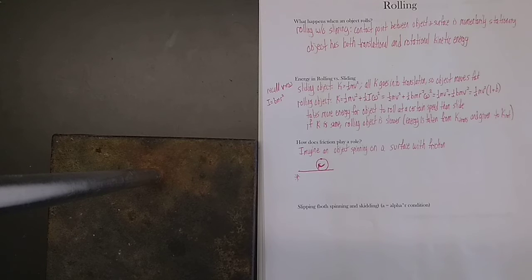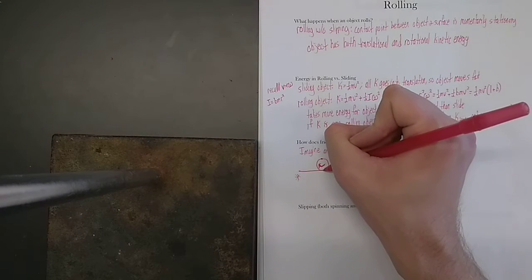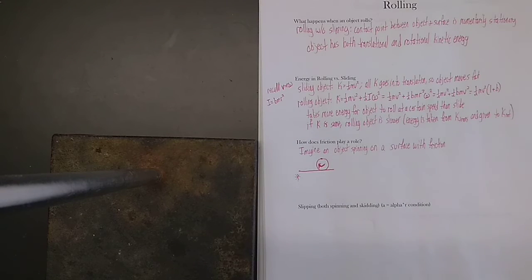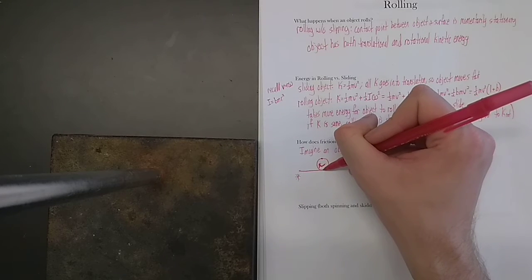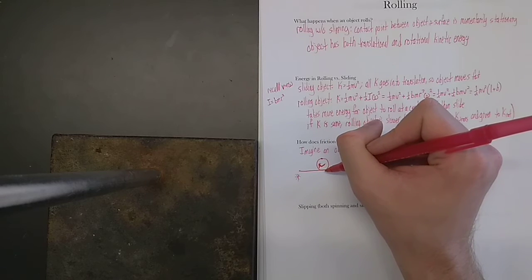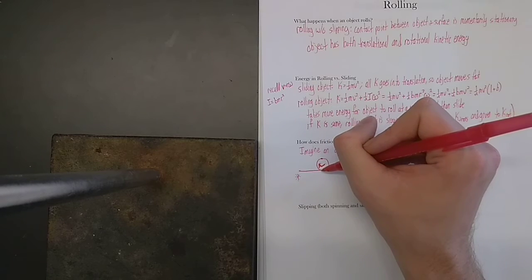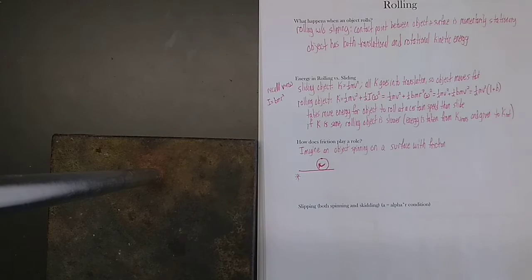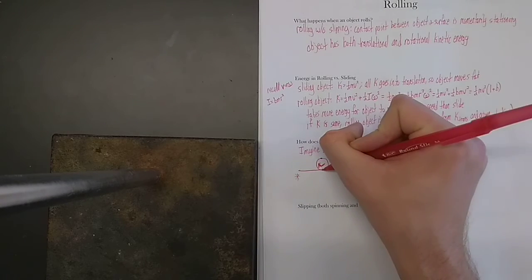So without any friction, that point has no trouble slipping to the left. It would move to the left relative to the road surface. Since there is friction, however, friction tends to oppose the motion that would happen if friction didn't exist. So if the point in contact with the surface would tend to slip to the left, that means friction must act to the right. So if this is a car tire, the force of friction actually points forward, which is very interesting.